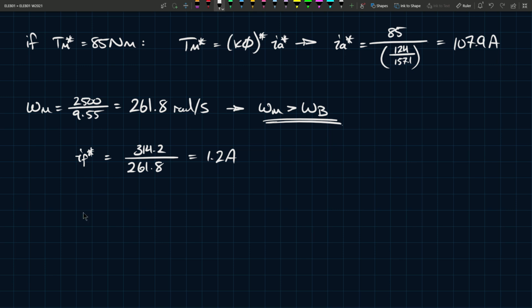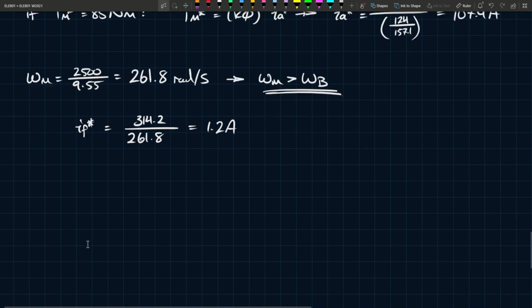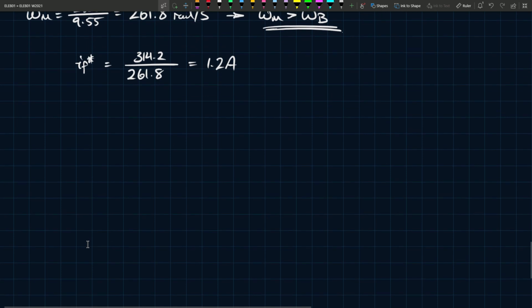So you should set IF star to 1.2 amps in order to meet this condition. But at the same time, we're trying to set the torque to be 85, meaning IA should be set to 107.9. Okay, so these are the two conditions that we have. But now we want to see what's actually happening.